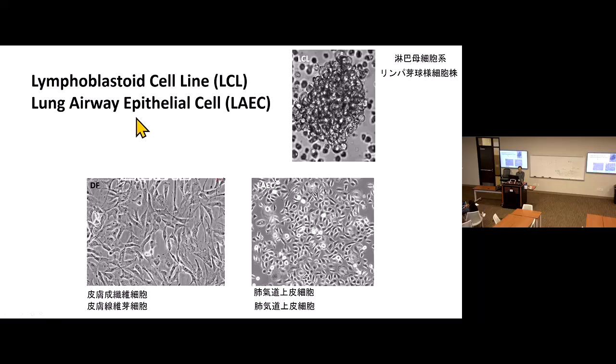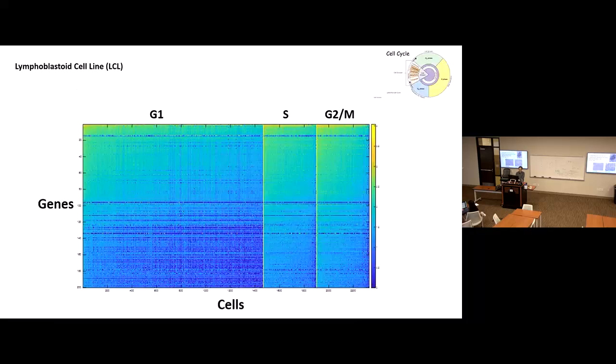We also downloaded data from endothelium cells, epithelium, and dermal fibroblasts. Those are the three datasets we used. And there's another one I will mention on Thursday. First, I use this lymphoblastoid cell line as an example.